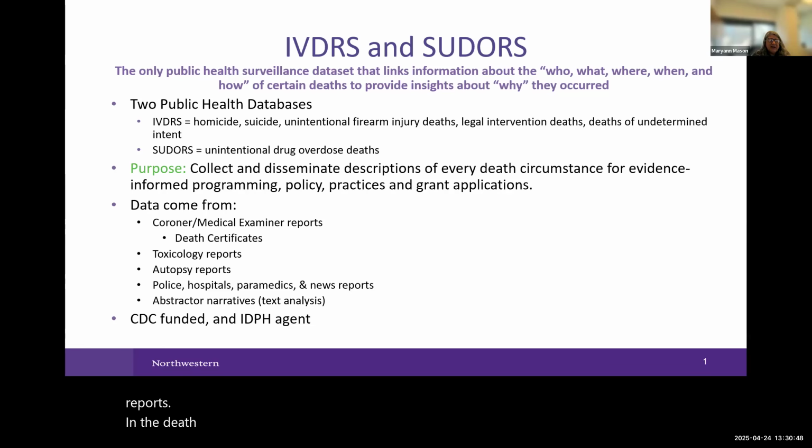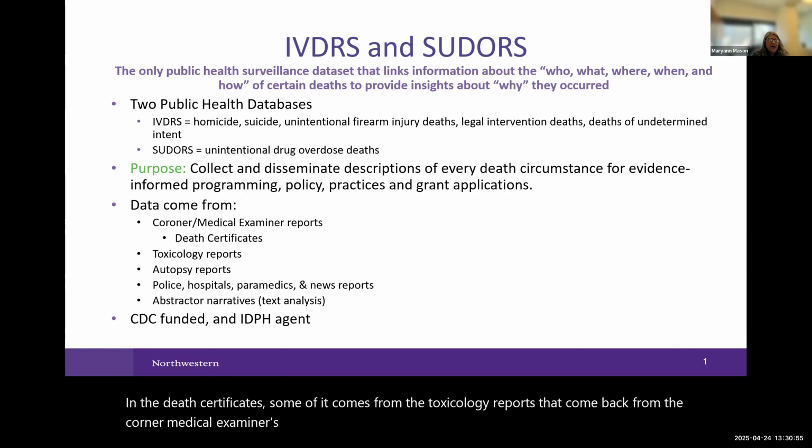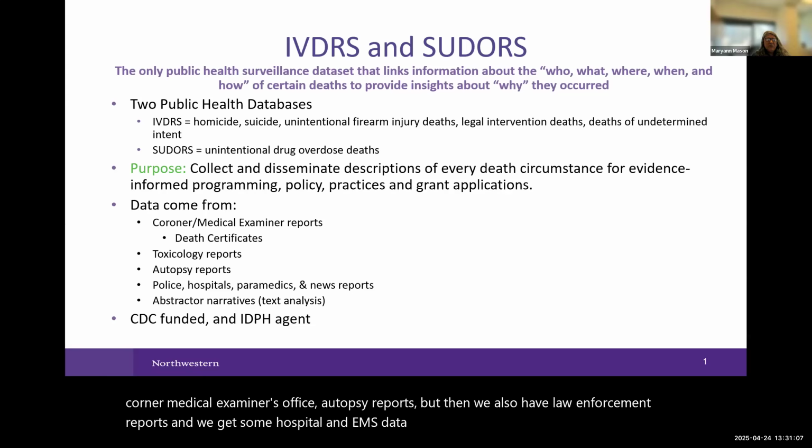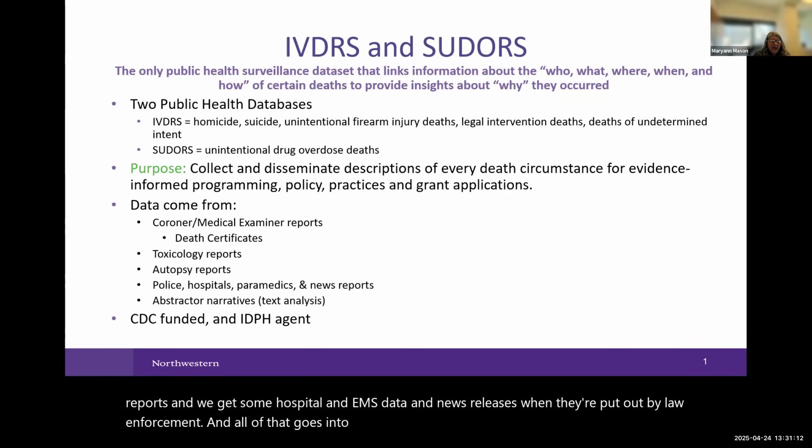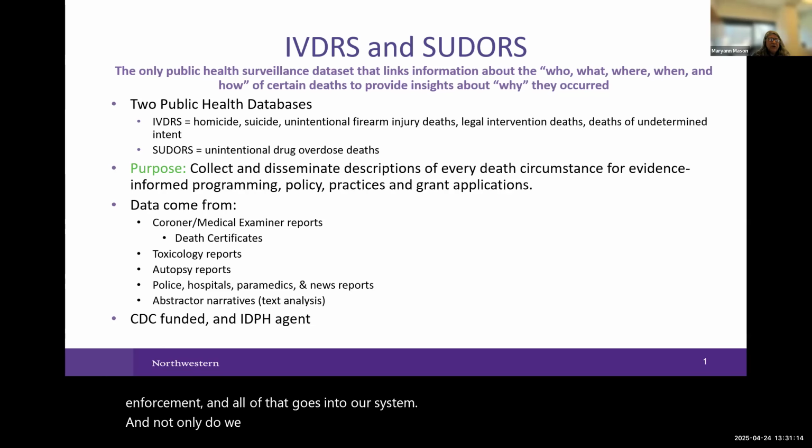Some of it comes from the toxicology reports that come back from the coroner medical examiner's office, autopsy reports, but then we also have law enforcement reports, and we get some hospital and EMS data and news releases when they're put out by law enforcement, and all of that goes into our system. And not only do we have structured variables, but we have narratives that take you through the event that resulted in the fatality.